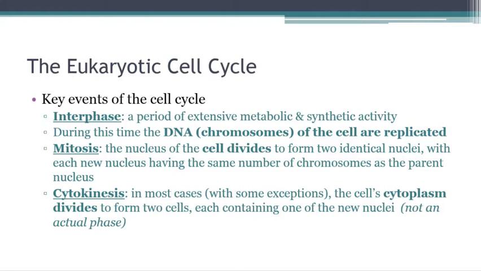But DNA replication is happening during interphase. In mitosis, this is actually the process of division. And then cytokinesis, which is not part of mitosis, it's its own thing, is where the cytoplasm is dividing and you get new cellular membranes. It's like I said, it's not a phase of mitosis, it's an event in the cell cycle.